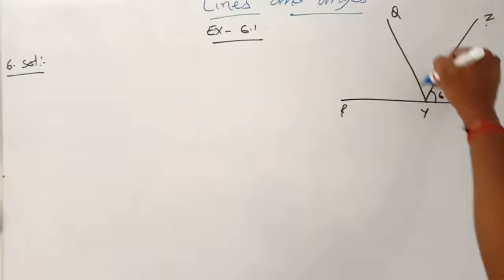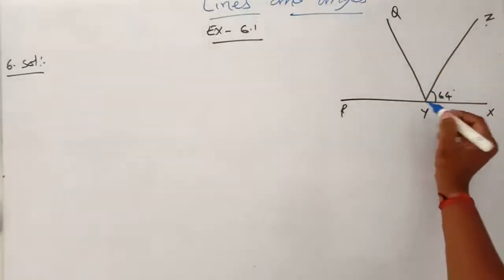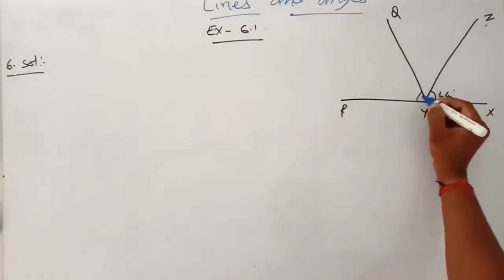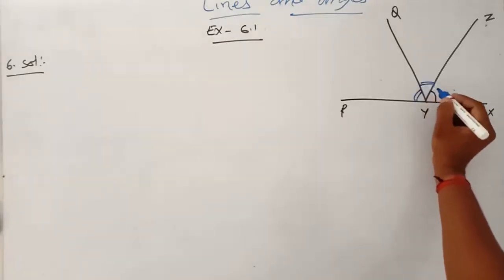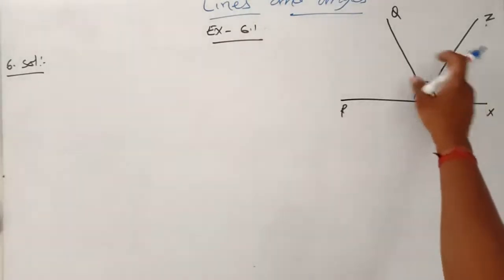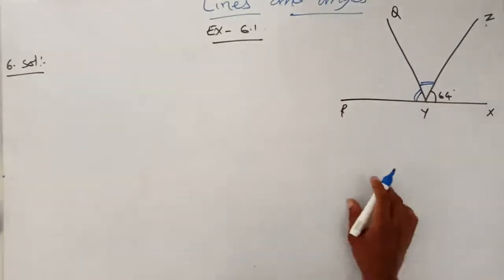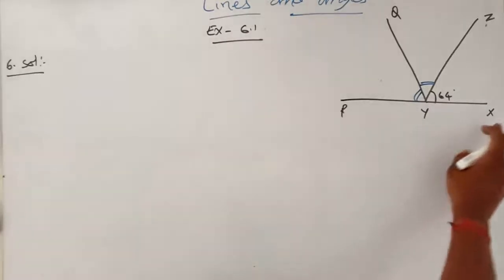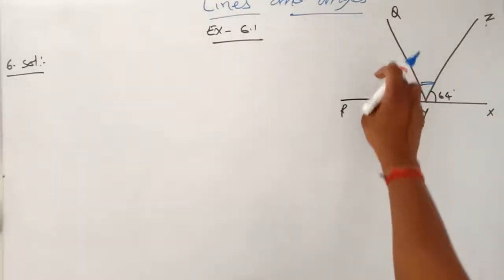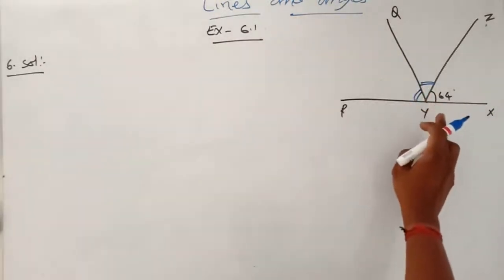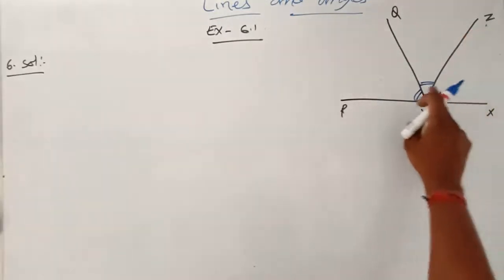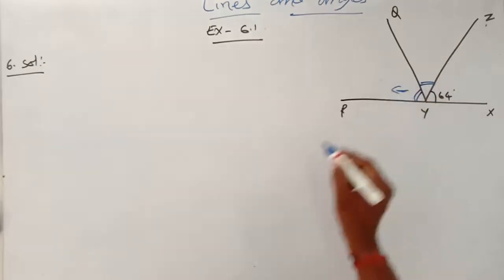So here QY is bisecting angle PYZ, so these two angles are going to be equal. Now by this figure I need to calculate the value of angle XYQ, and also the reflex of QYP.